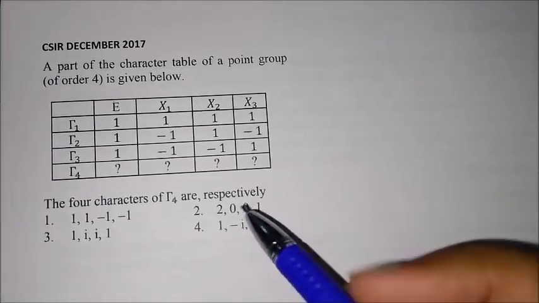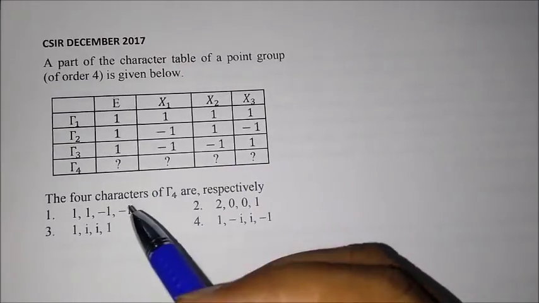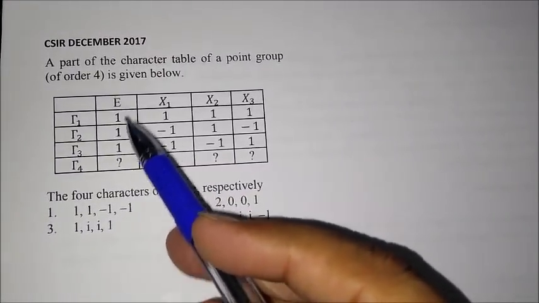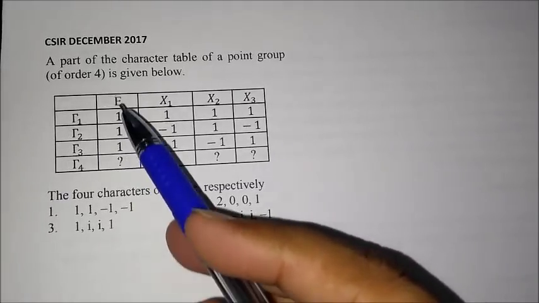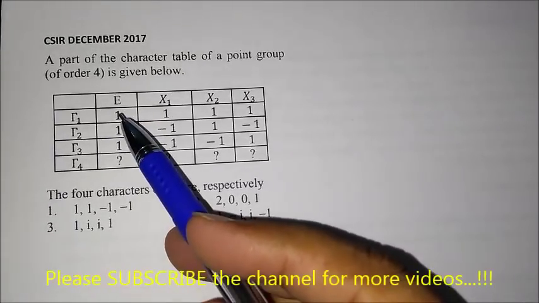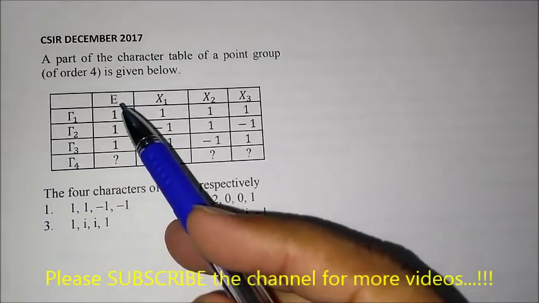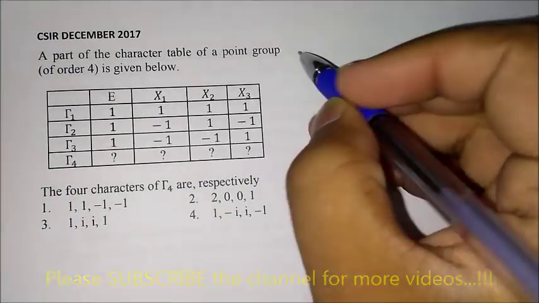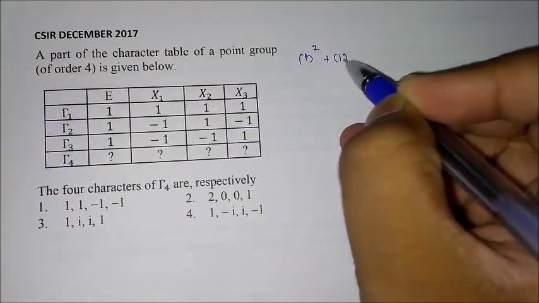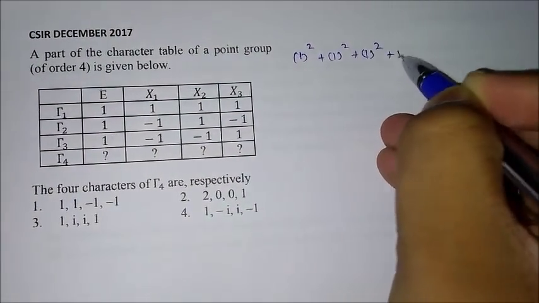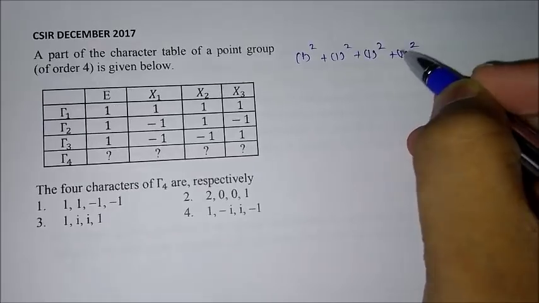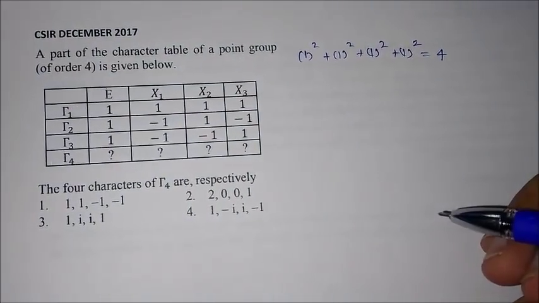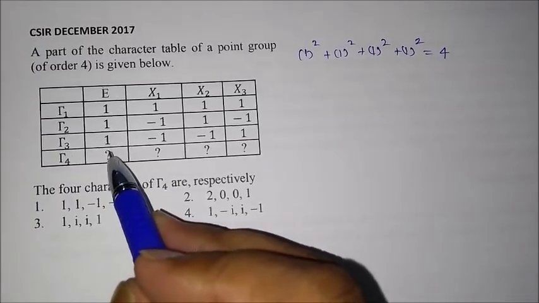See, using rule number 2, first of all, for identity, if you square all the values and add them, you will get the order. So you will get 1 square plus 1 square plus 1 square plus 1 square, meaning the fourth value should be 1 only, then only you are going to get 4. So at this place it should be 1.